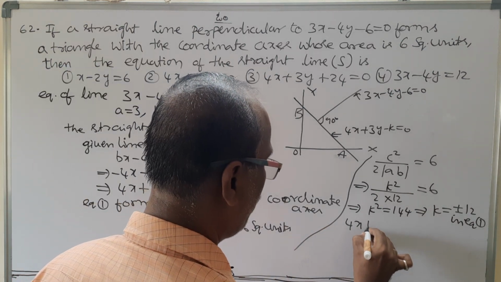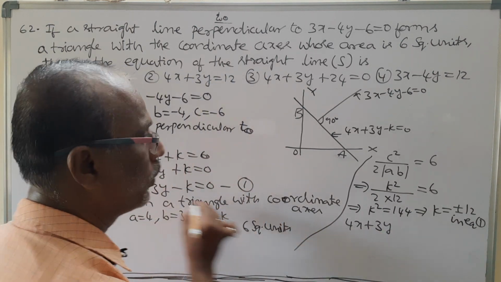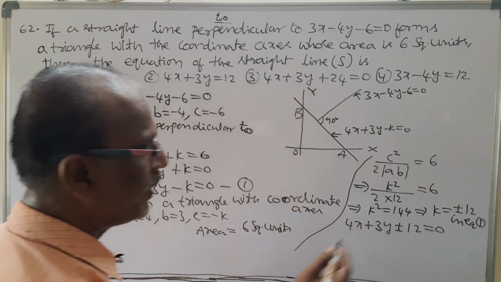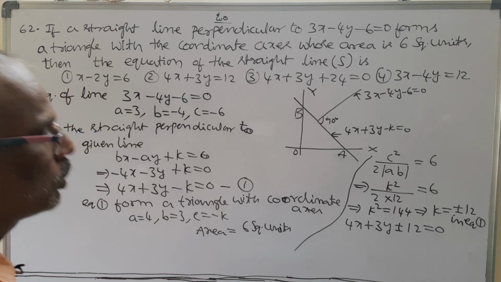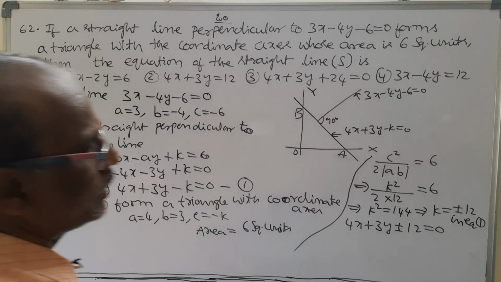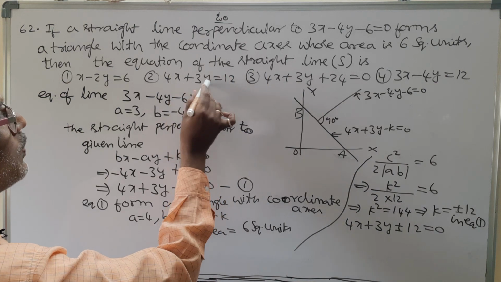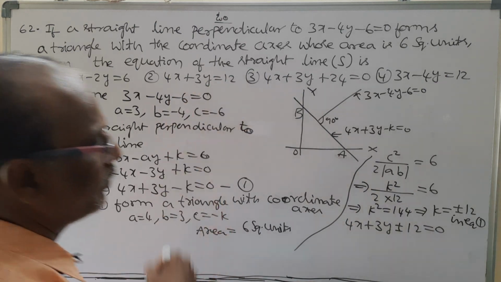4x plus 3y, k value plus or minus 12 equal to 0. That gives 4x plus 3y plus 12 equal to 0, or 4x plus 3y equal to minus 12. In this question, 4x plus 3y equal to 12 is given.